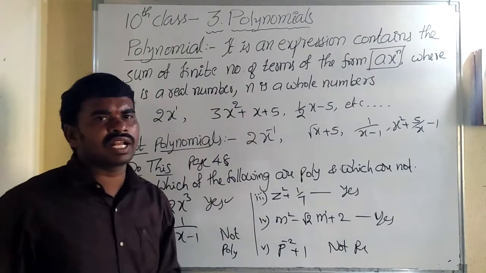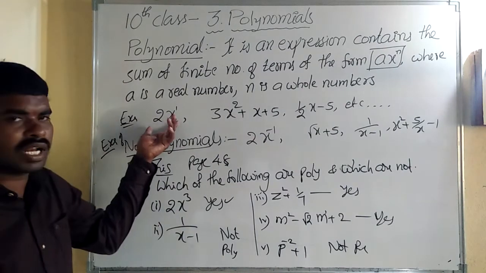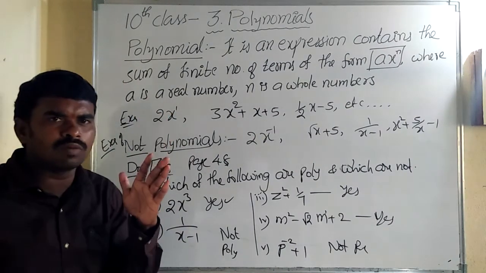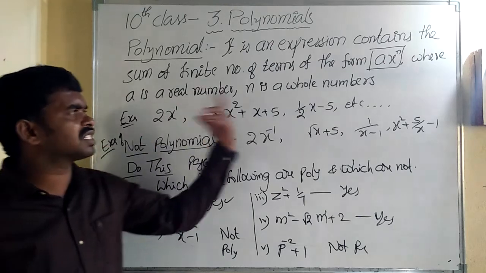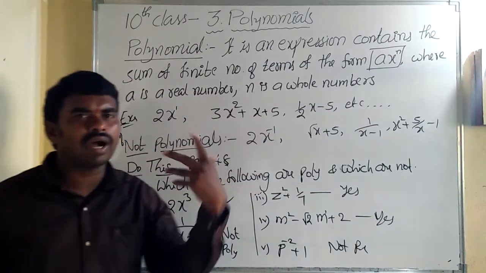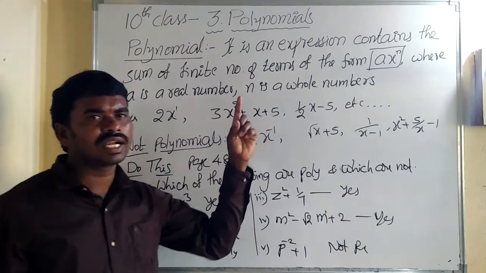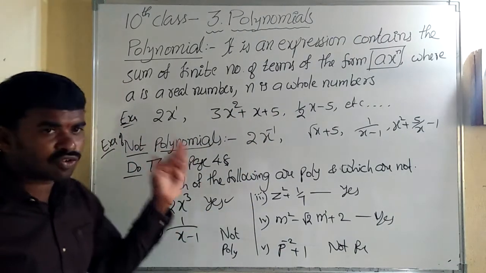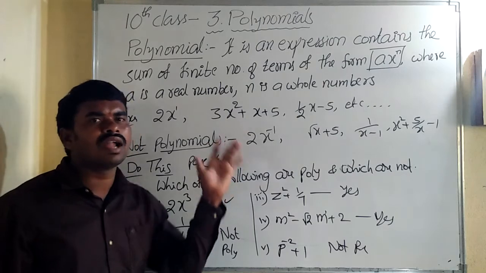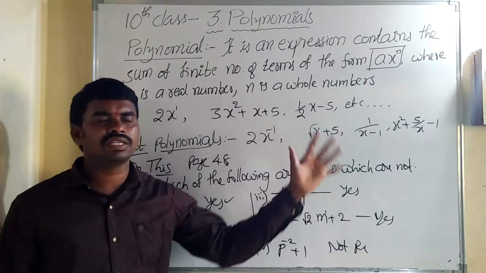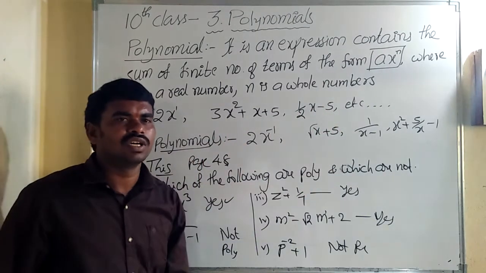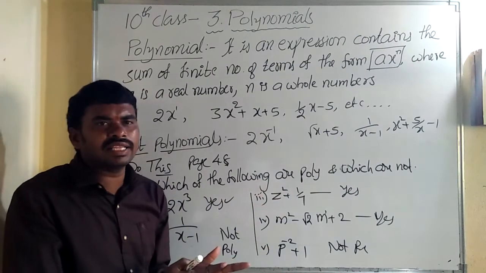We discussed these in the 9th class. If a polynomial consists of one term, that is called a monomial. If it consists of 2 terms, it is a binomial. If it consists of 3 terms, that is a trinomial. If it consists of more terms, that is called a multinomial, meaning 4 terms or 5 terms or 6 terms. Up to there we discussed in 9th class.